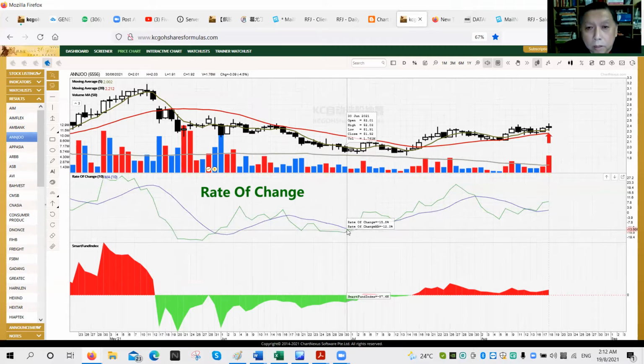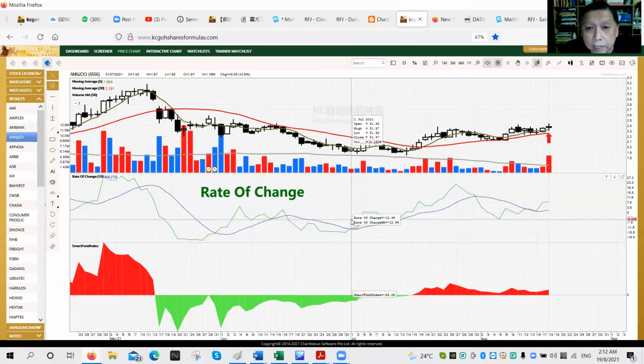Of course, we don't know that is the low for the stock. That day, June 30th, the low is 191 and it closed at 192. That means the price has actually rebounded a little bit, by 1 cent. So we are not sure yet. It's not really confirmed that the price has reversed.